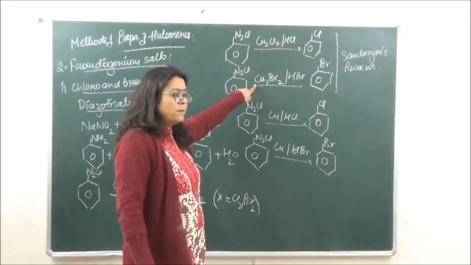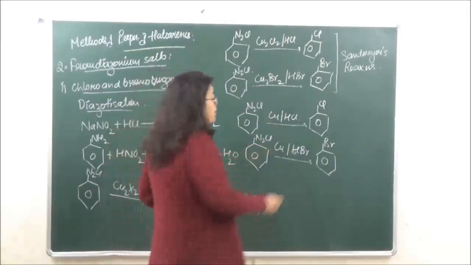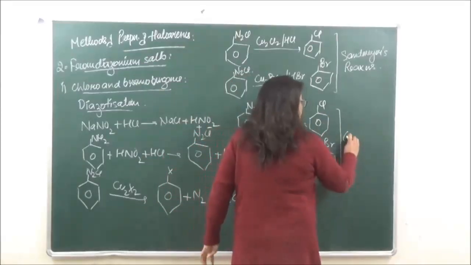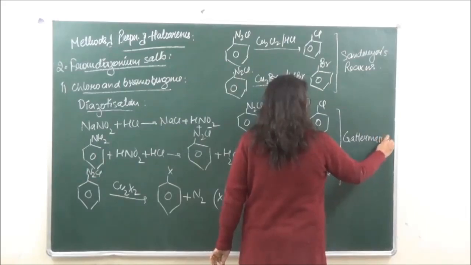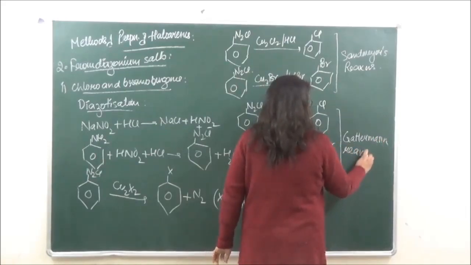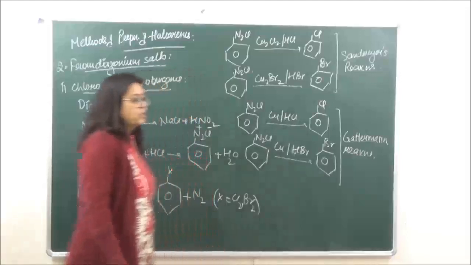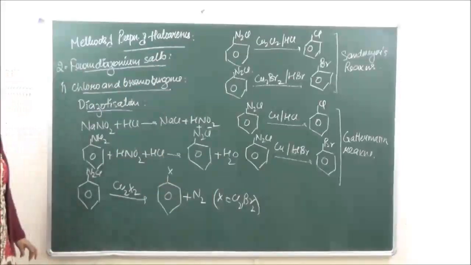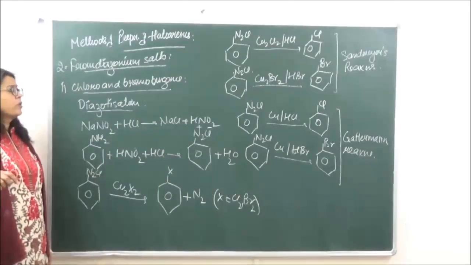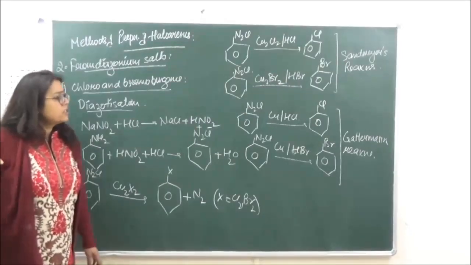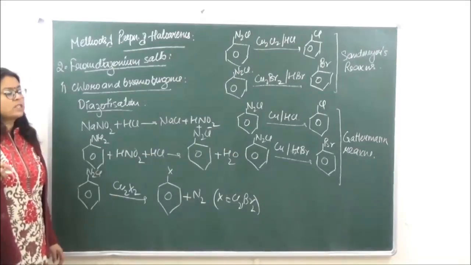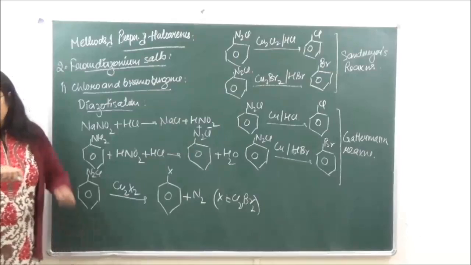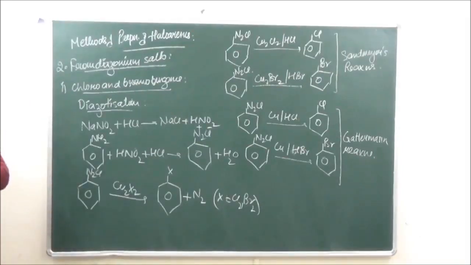Here we use copper instead of Cu2Br2. These two reactions are known as Gattermann reactions. In both, the reactants and products are the same; only the reagents change. In Sandmeyer's we take Cu2Cl2 and Cu2Br2, whereas here we only take copper.